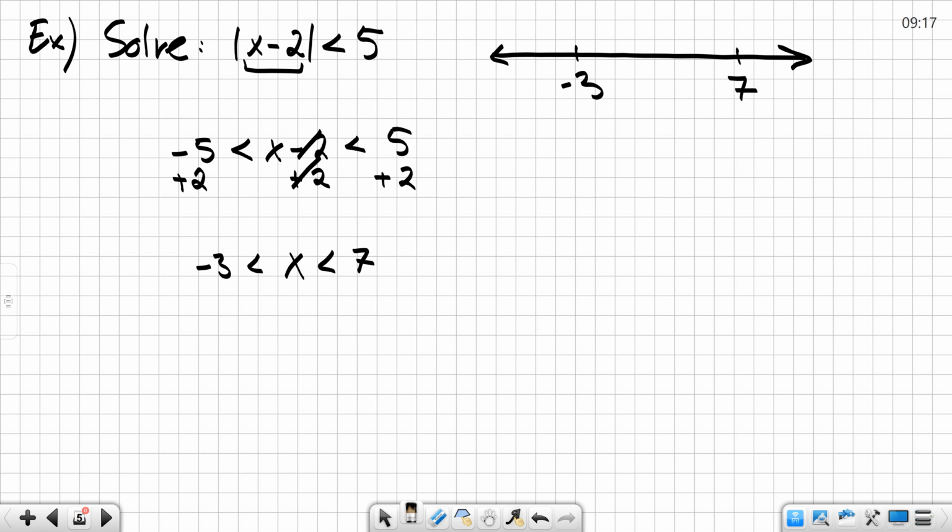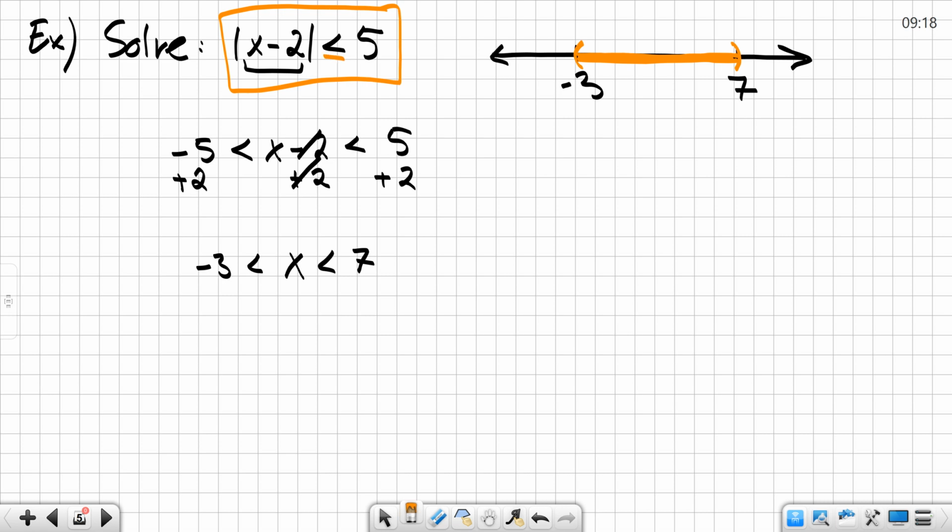If I say there's negative 3 and this is positive 7, then the numbers that turn this into a true statement when I plug them in are all of the numbers that are bigger than negative 3 and at the same time smaller than positive 7. These are all of the numbers that are directly between negative 3 and 7. Now, because this was a strict less than inequality, I get parentheses.